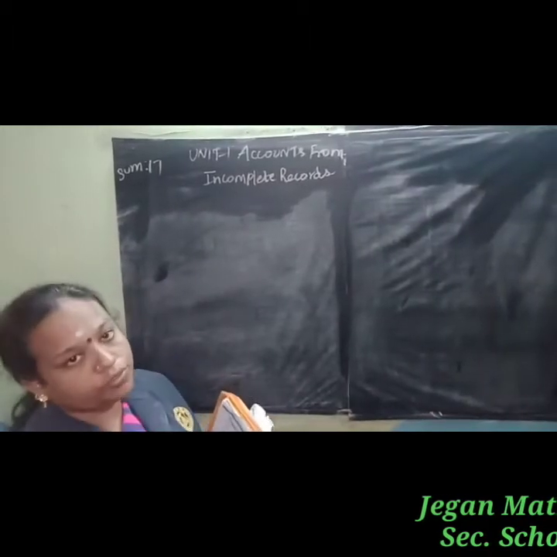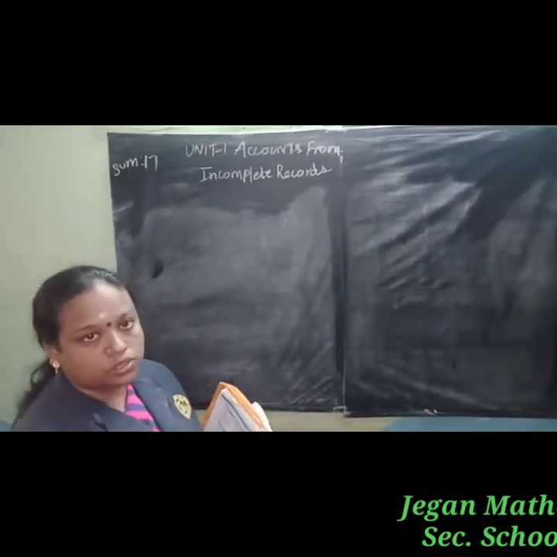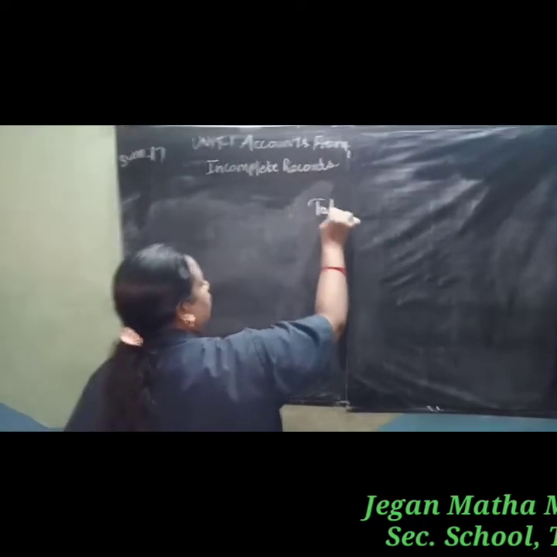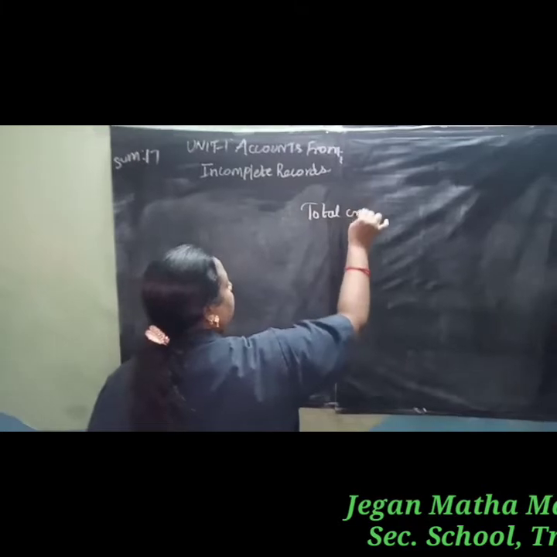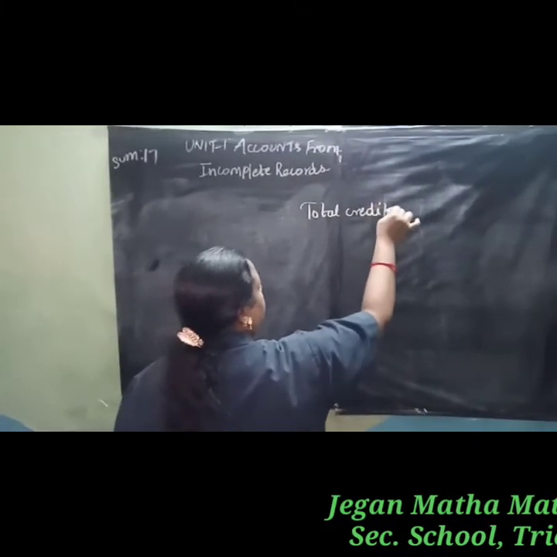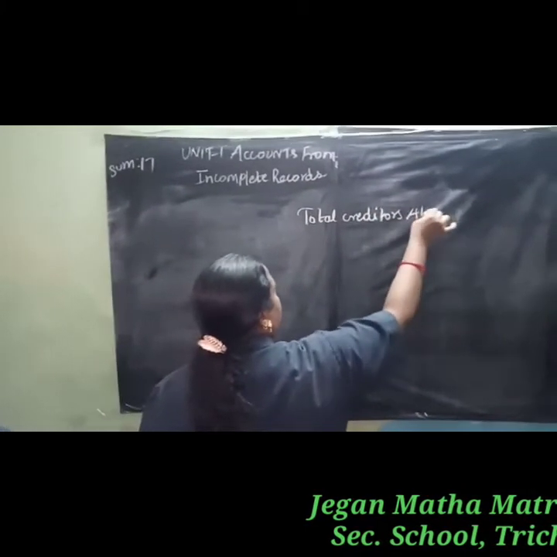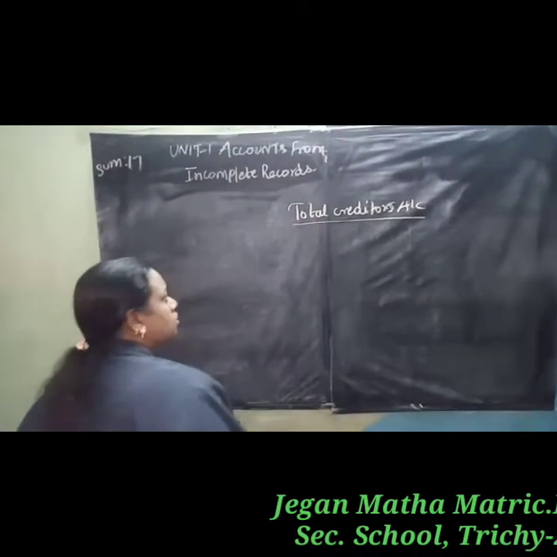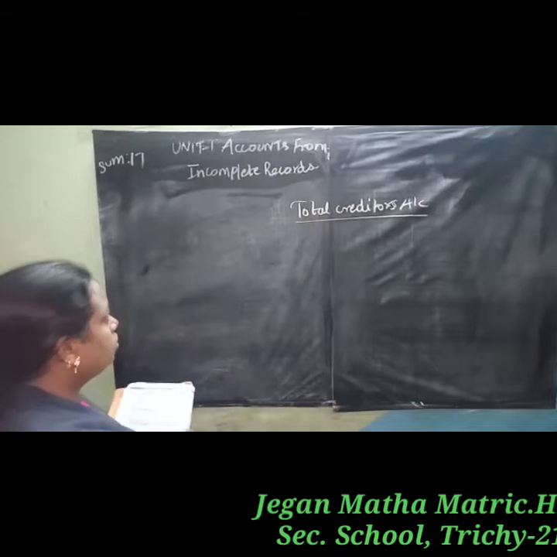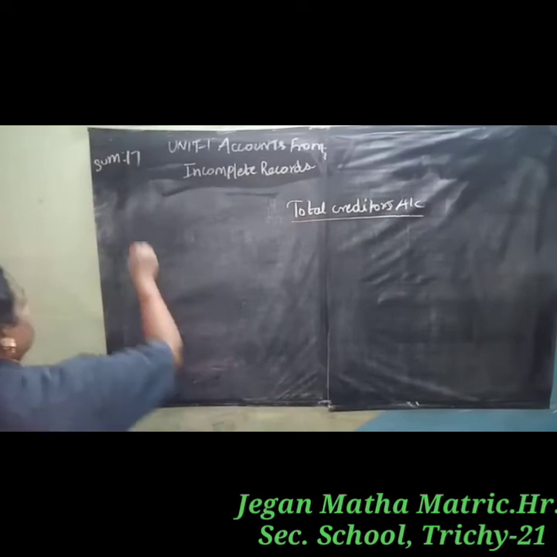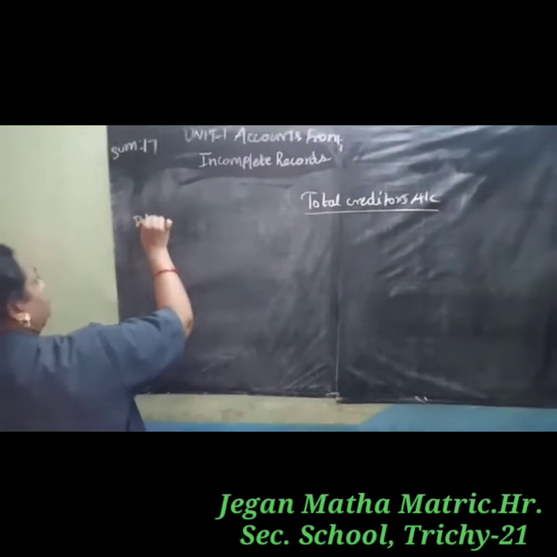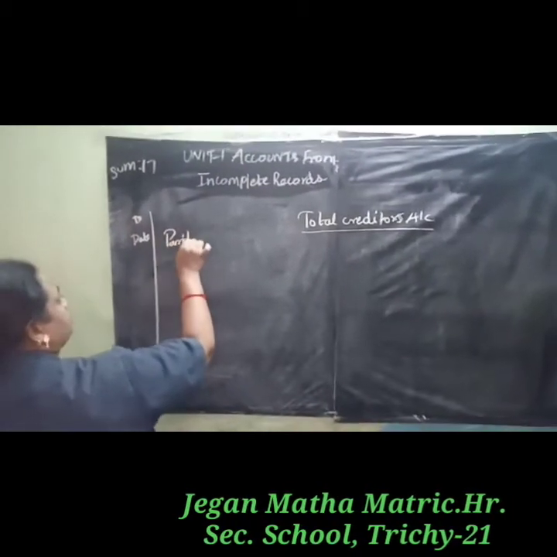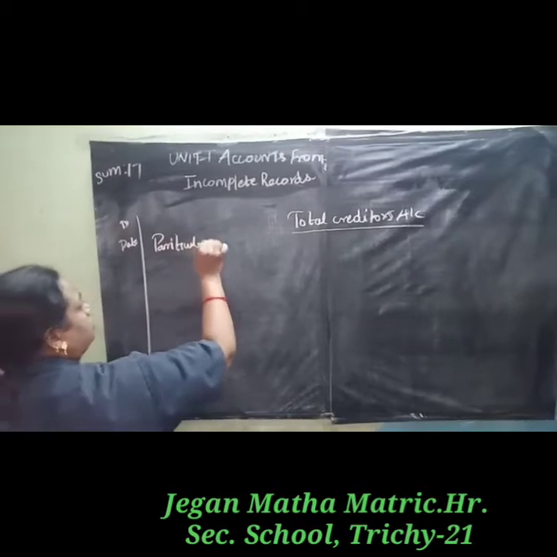Next we are going to find out the credit purchase. So we are going to open the total creditors account. Debit side: particulars, amount.